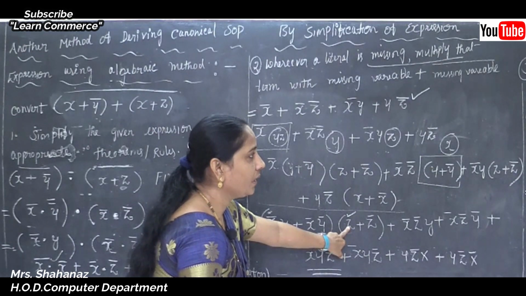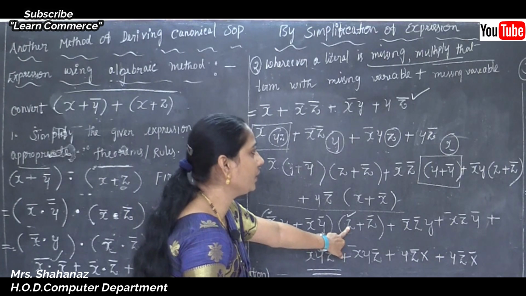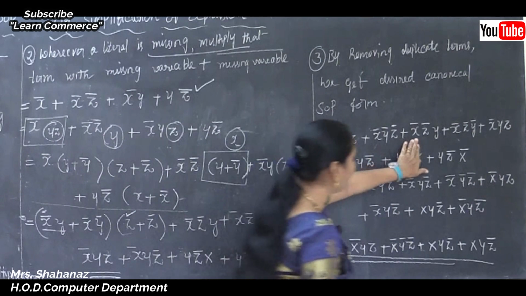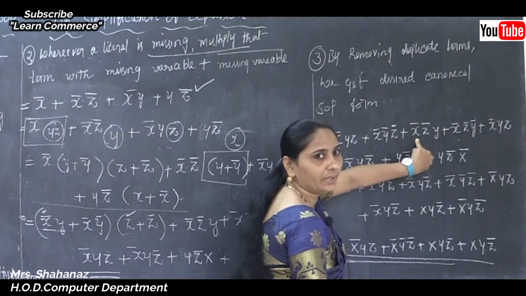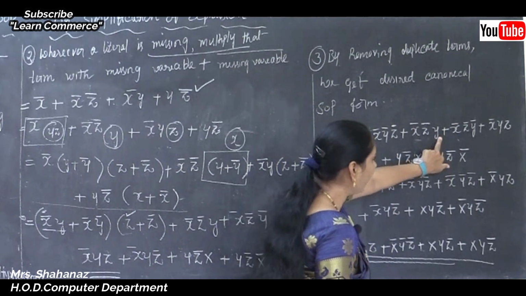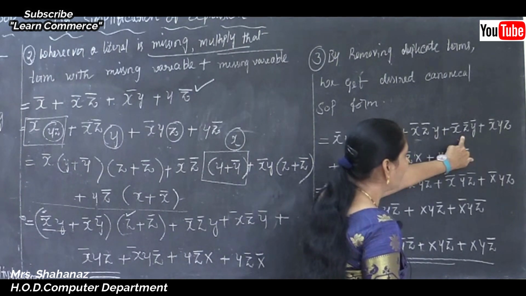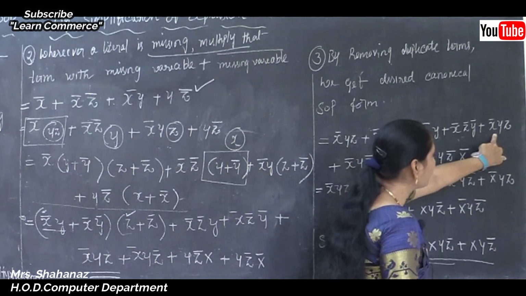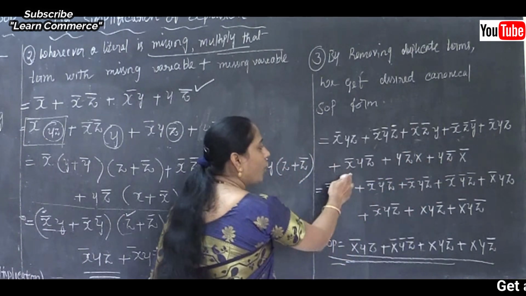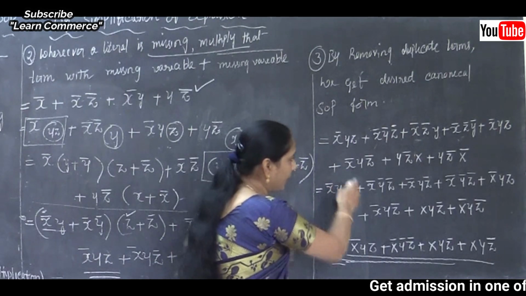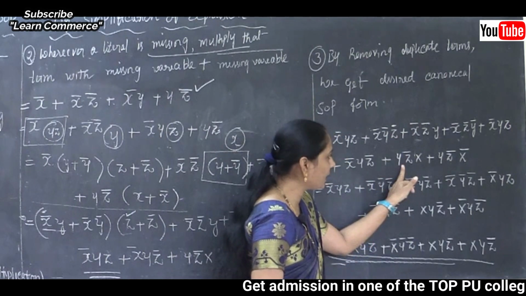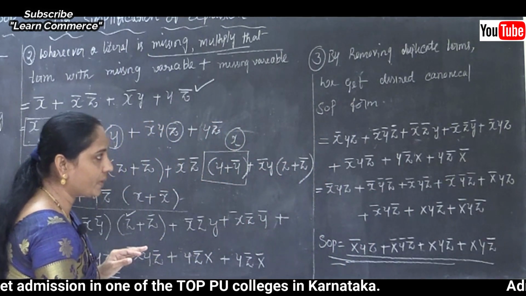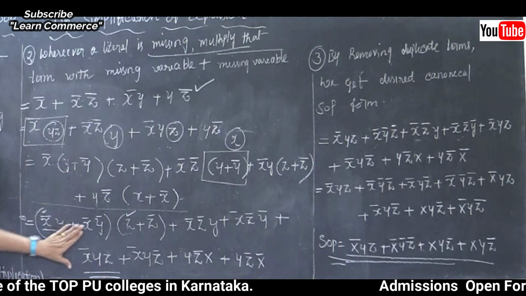Complement of x, complement of y and complement of z in this case here, and later the next one, we are going to take complement x, complement z and y plus complement of x and complement z and complement y plus complement of x, y, z plus complement of x, y, complement z plus y, complement z, x and lastly plus y, complement x, complement z.